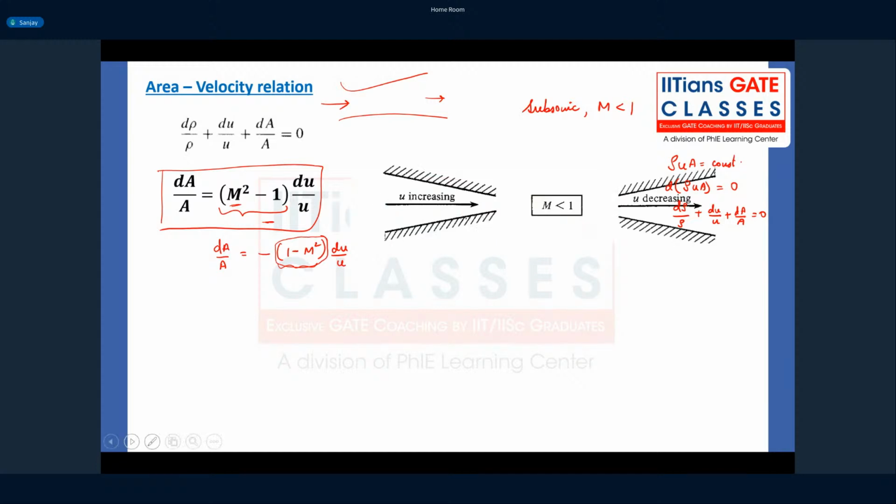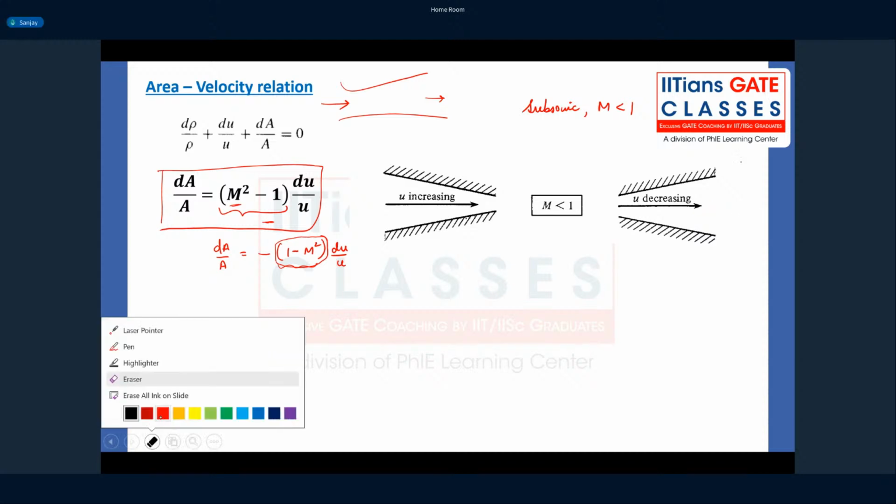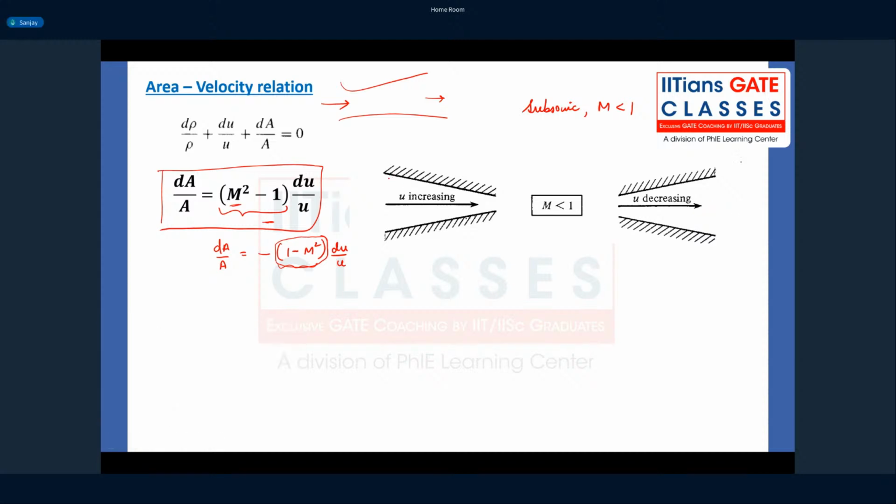So you can see here, if a subsonic flow is entering the duct and the area is decreasing, then according to this relation the velocity has to increase. So you can see the velocity is increasing.